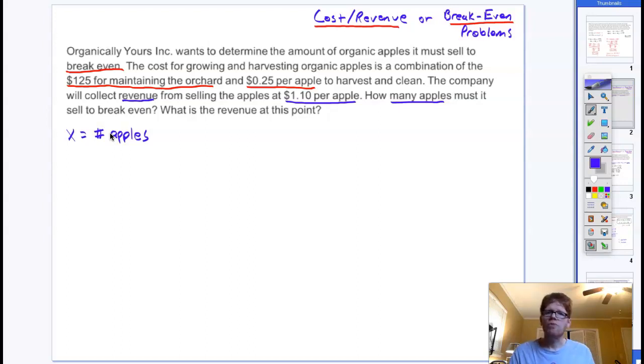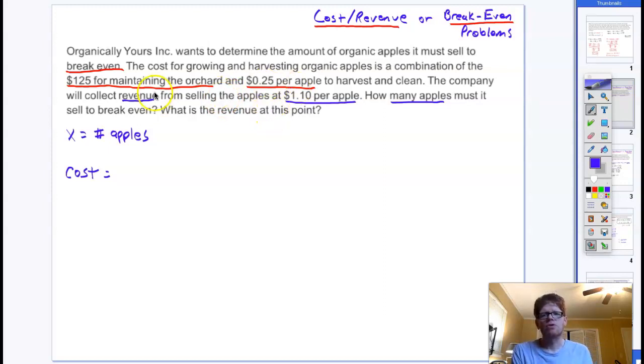Well, in a cost revenue problem, the cost is going to be one equation, and the revenue is going to be your other equation. So let's look at our cost equation. What is going to be the cost, the equation that represents our cost? Well, the cost for growing and harvesting organic apples is a combination of $125 for maintaining the orchard. That's going to be a one-time cost, right? It's not going to be something that you're charged per apple.